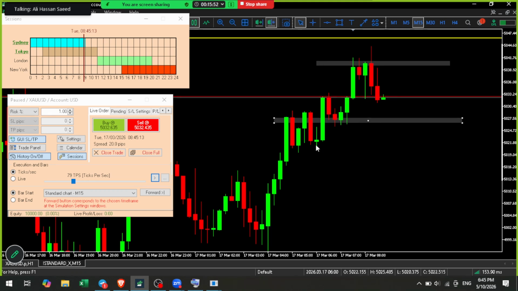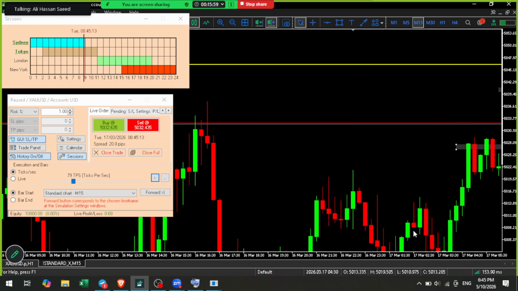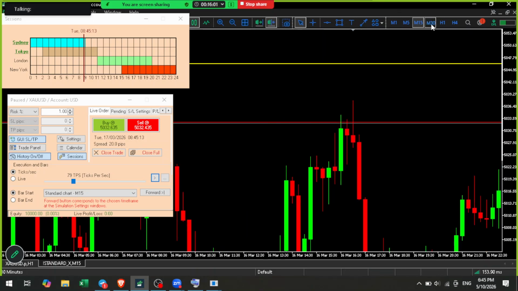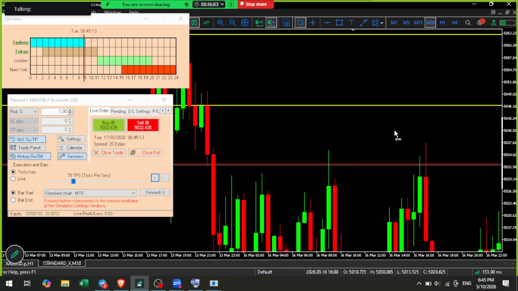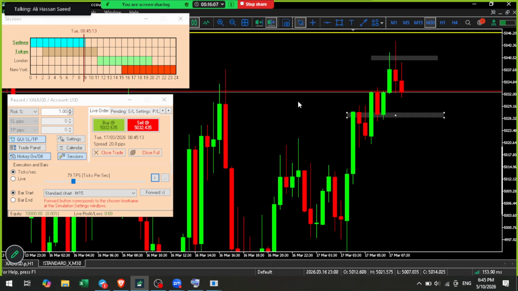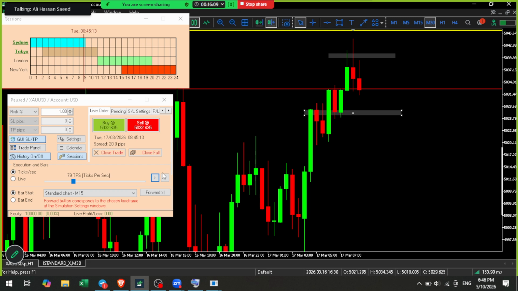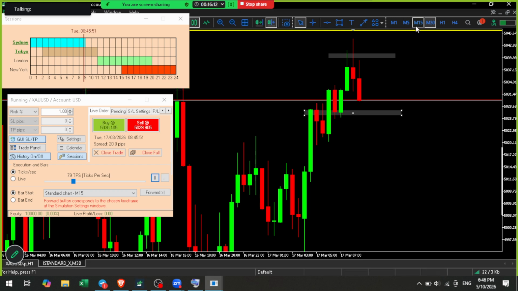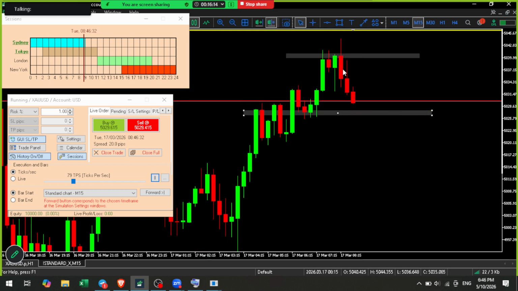The perfect sell would be under this area because we have roughly a green range, and buys, I don't know where we should buy. Yes, about this yellow line, that would be perfect.